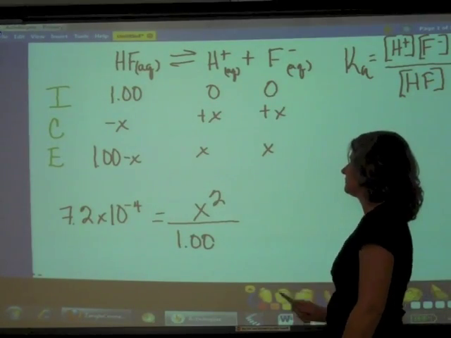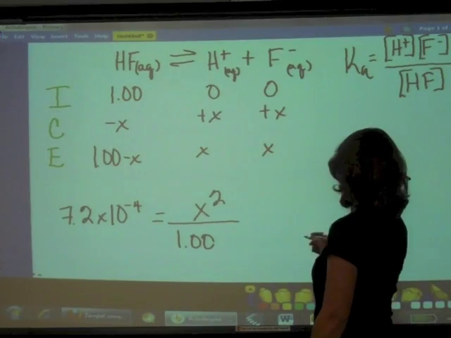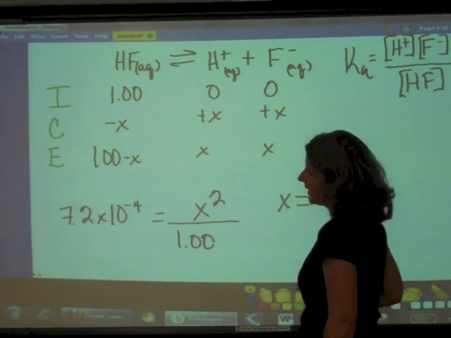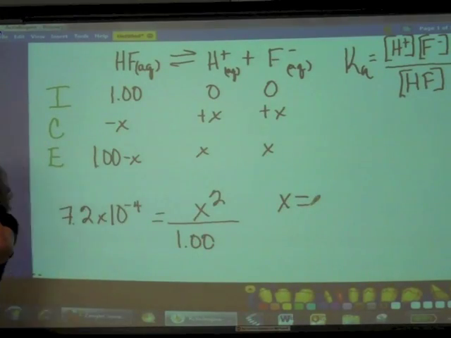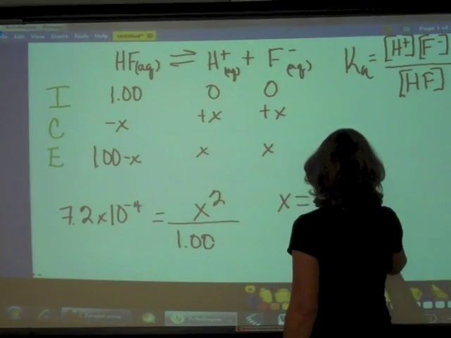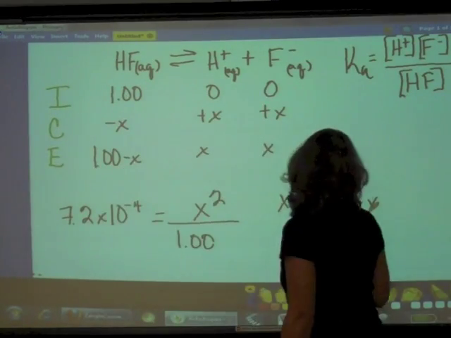All right, so if we set this thing up and we solve for x, we should get a value of x that is equal to 2.7 times 10 to the minus second.